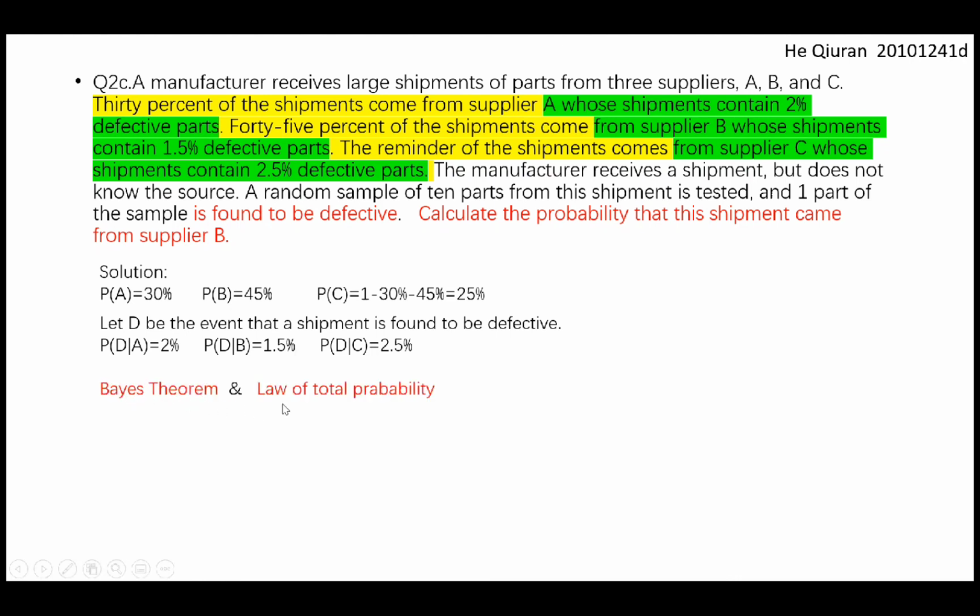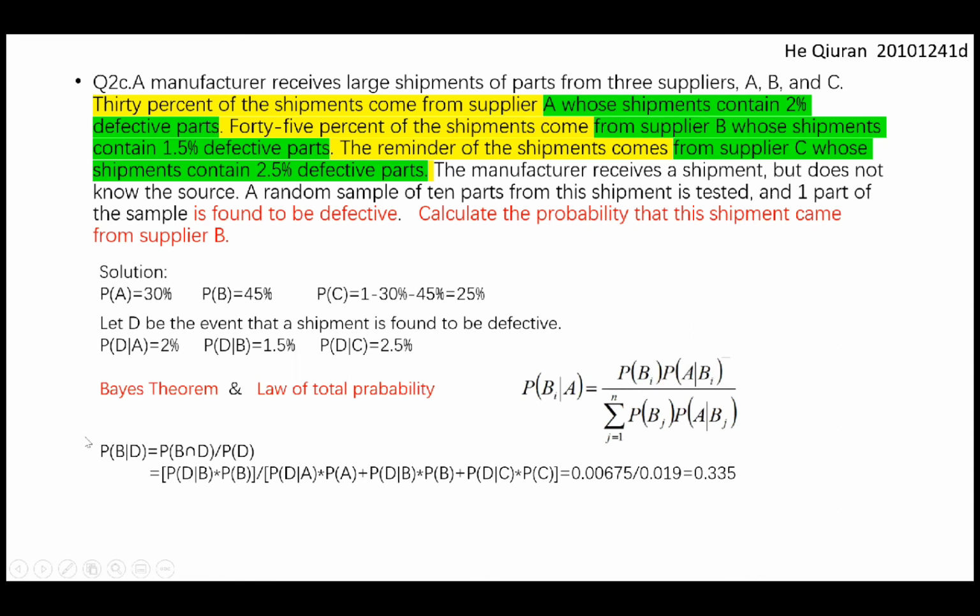By using Bayes' theorem and the law of total probability, the probability of B given D is equal to the probability of B intersect D divided by the probability that a defective part is found. The numerator is the probability of D given B multiplied by the probability of the shipment from B. The denominator is the probability of D given A multiplied by the probability of the shipment from A, plus the probability of D given B multiplied by the probability of the shipment from B, plus the probability of D given C multiplied by the probability of the shipment from C, which equals 0.335.